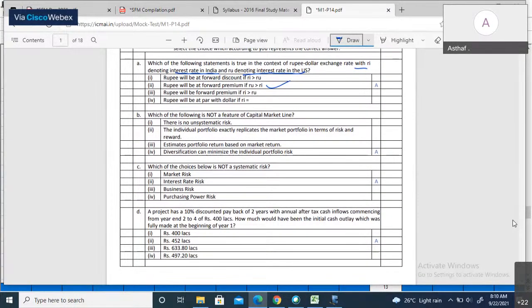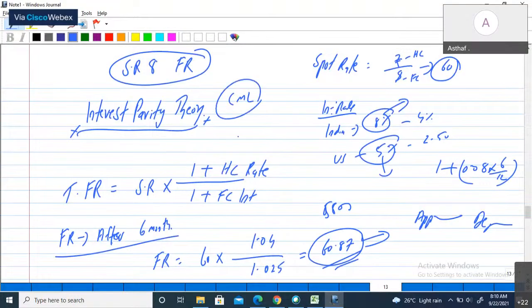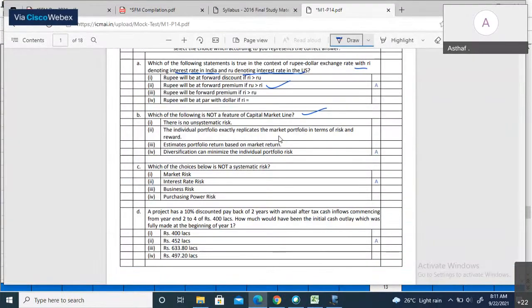Next is capital market line. Last class we discussed the CML formula. We have known what CML is; we told that it is for a fully diversified portfolio. Then we told what all the meanings of systematic risk are: interest rate risk, market risk.